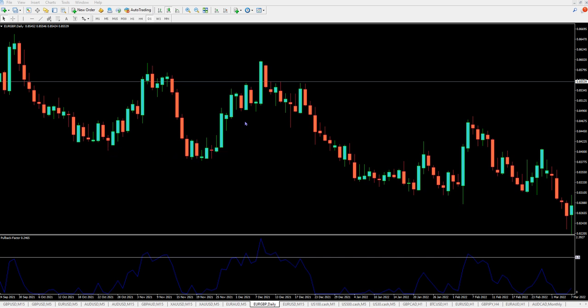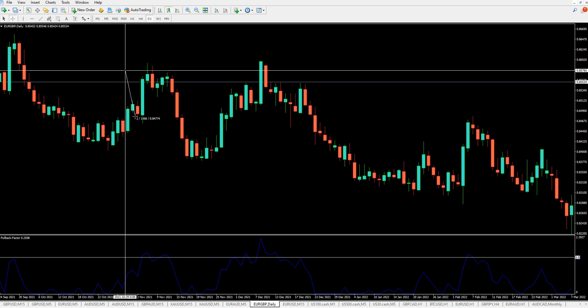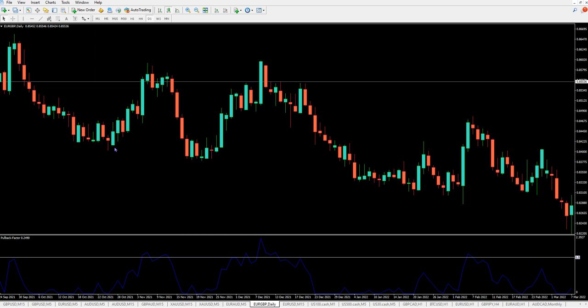Price does the same thing, retraces up, makes another lower low, and then we see it again here. I mean, that's what price does. Price does not just drop in one straight aggressive line. It has its ebbs and flows, its retracements, its pullbacks.